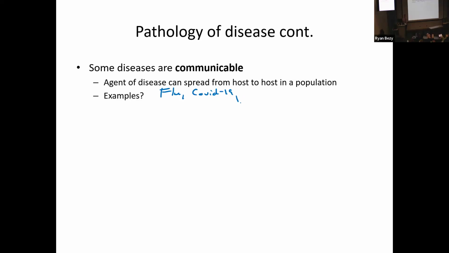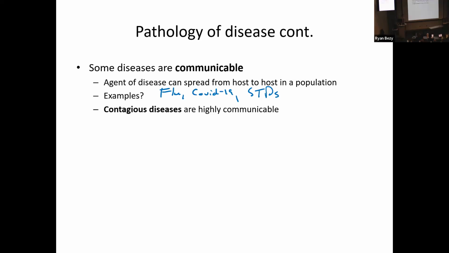Sometimes pneumonia. Anything that's an STD is going to be a communicable disease. That could be syphilis, gonorrhea, chlamydia, for instance, some of the ones that we've talked about, monkeypox, HIV. So there are several different examples of communicable diseases. We're going to talk about some more.